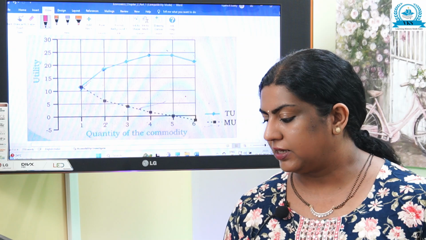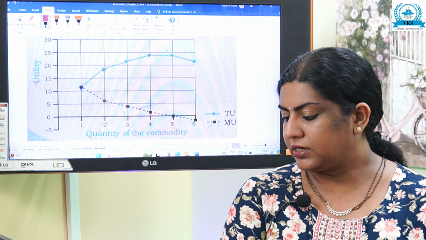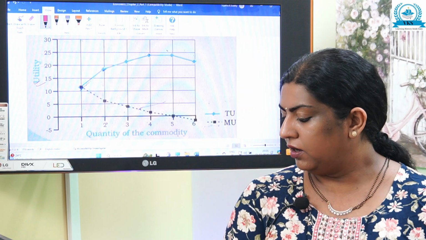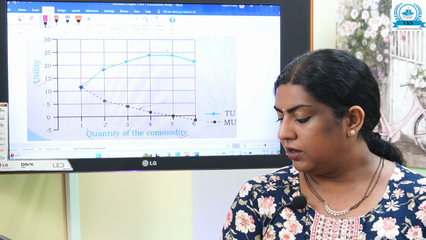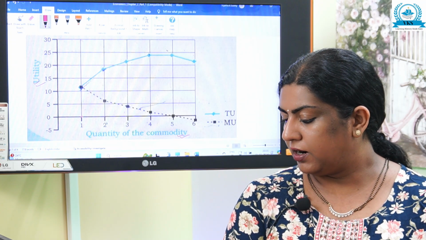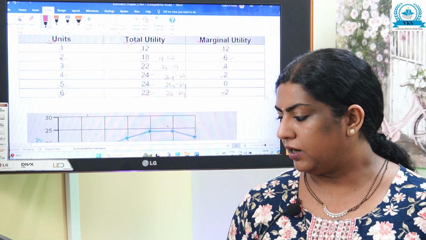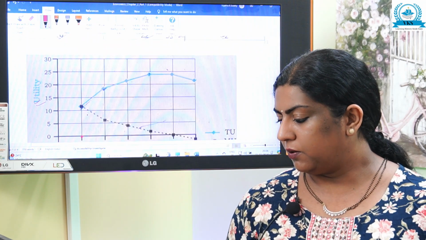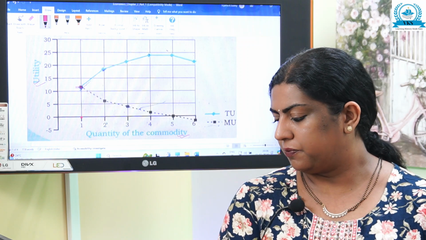So here you can see on this axis you have utility, and here you have quantity of commodity. When the quantity of commodity is 1, that is, when one banana is had, the total utility is 12.